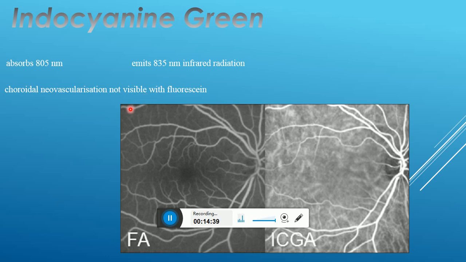Only 4% of 805 nanometer radiation absorbed by the ICG is emitted at 835 nanometer, compared with total fluorescence of fluorescein. ICG angiography is not yet in general clinical use, but it has been shown to delineate occult choroidal neovascularization not visible with fluorescein. ICG has also been used to photosensitize vascular lesions to diode laser photocoagulation.